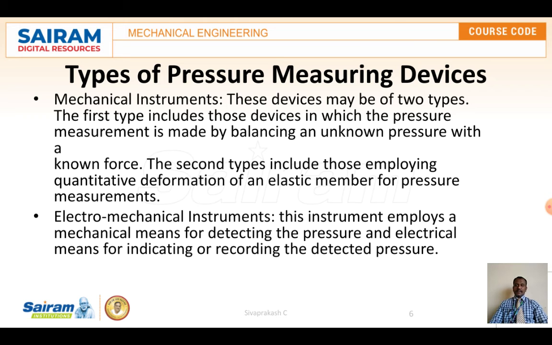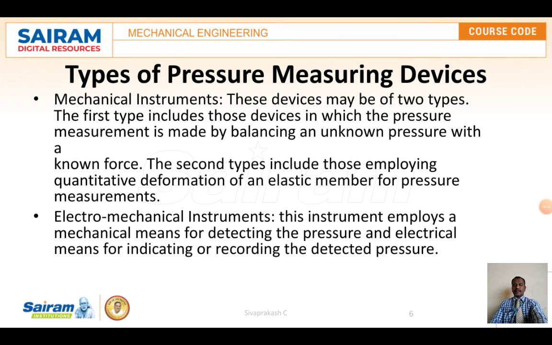Okay, so there are two types. Before going to the electromechanical instrument, for the mechanical instrument, for the first type we give the example of the Bourdon pressure tube, and for the second one we give the example of the diaphragm.